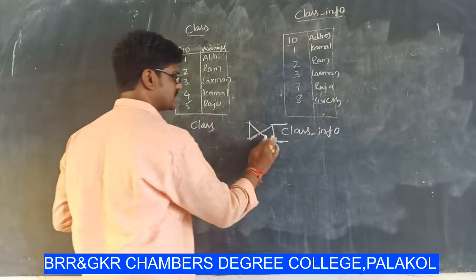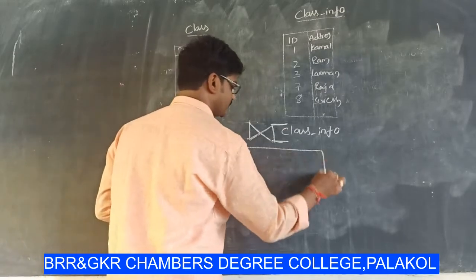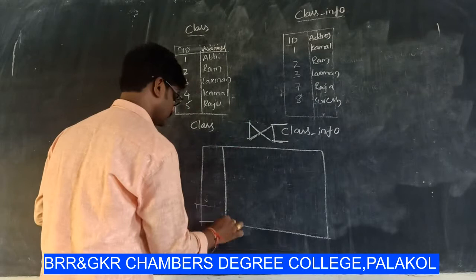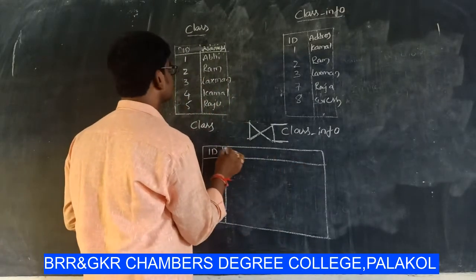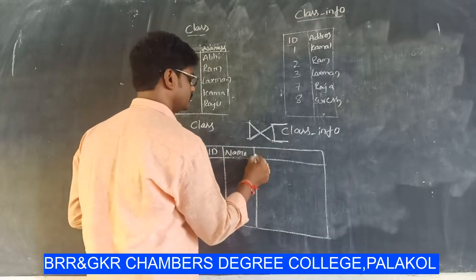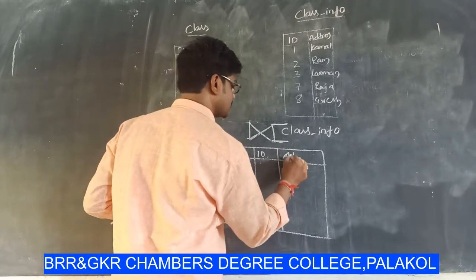Class right outer join with class info: ID, name, ID, address.